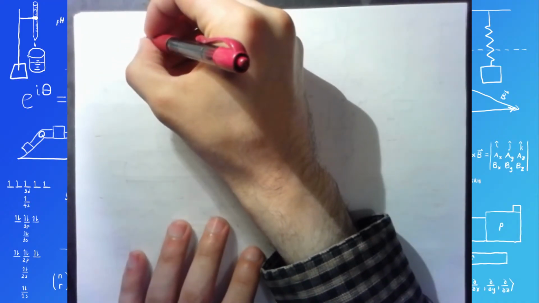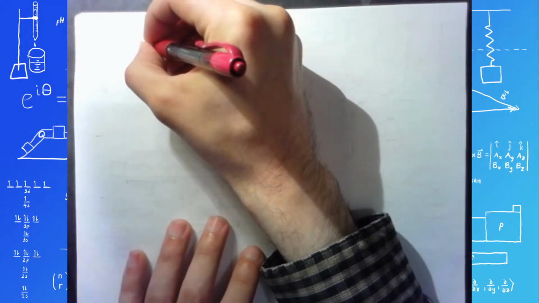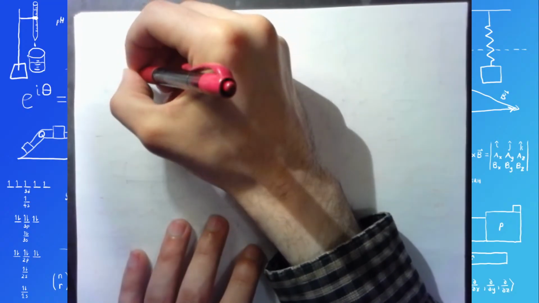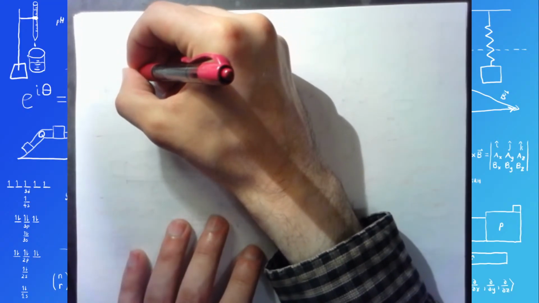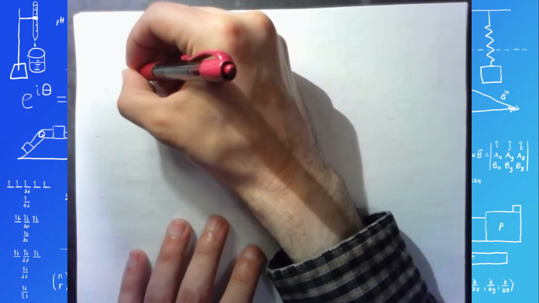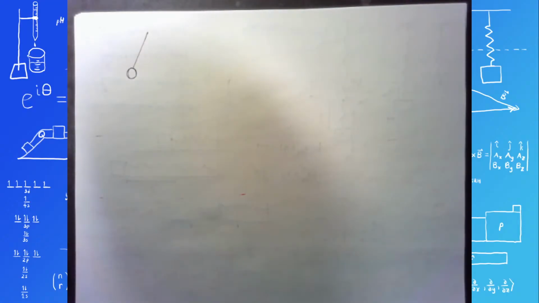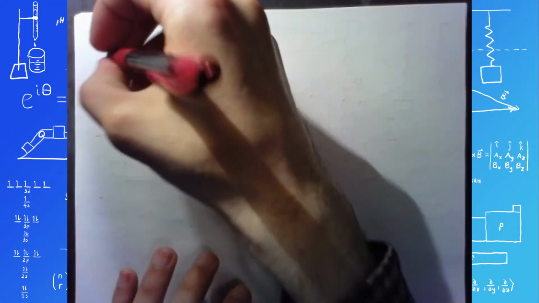So, for a simple pendulum, what makes a pendulum simple, you might ask? A simple pendulum would be a pendulum for which all of the mass is tied to the end of a string, and the string is considered to have negligible mass.